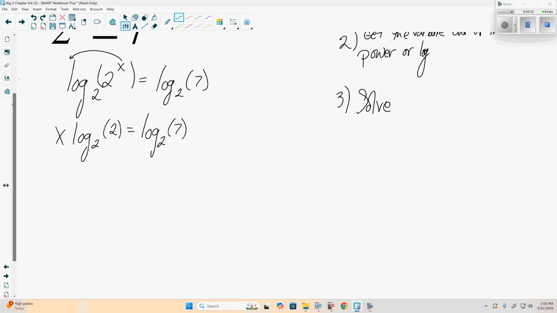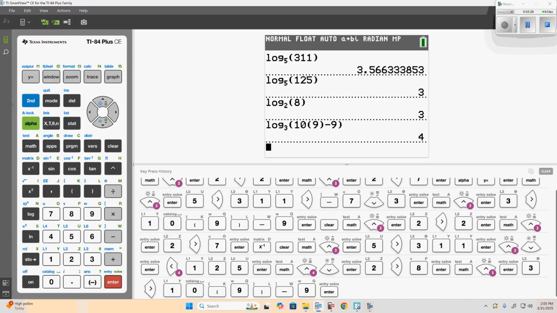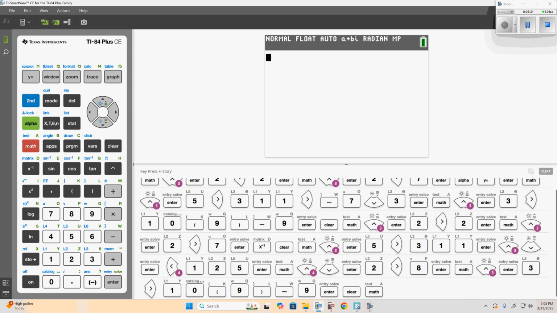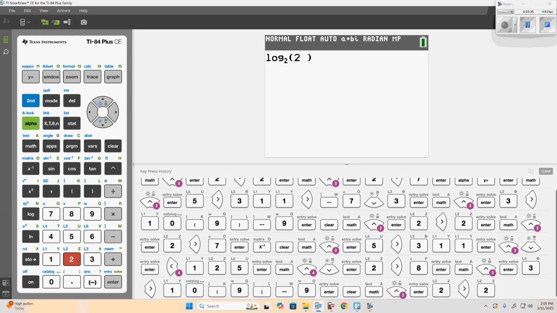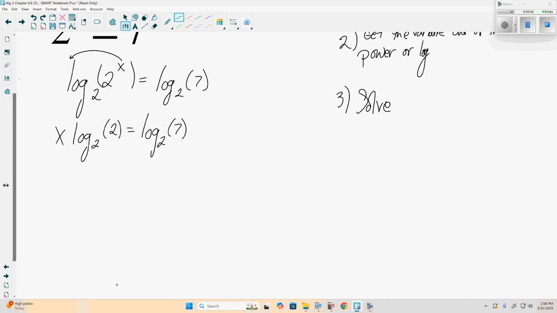Now there's a reason I chose log base 2 to apply to both sides. The reason is the value of log base 2 of 2. If we go to math and calculate log base 2 of 2, we see that its value is 1. And we've had this property before: log base b of b is 1.